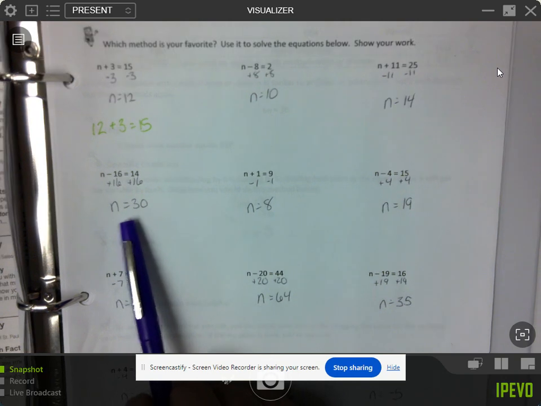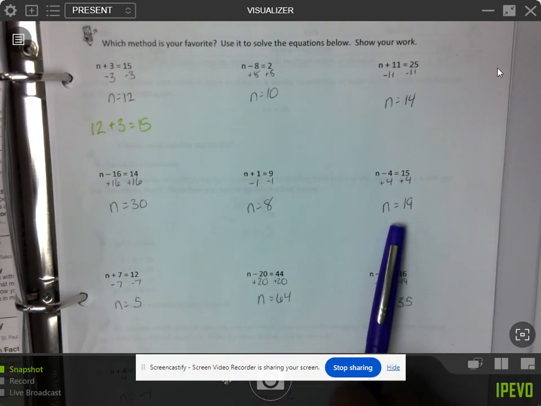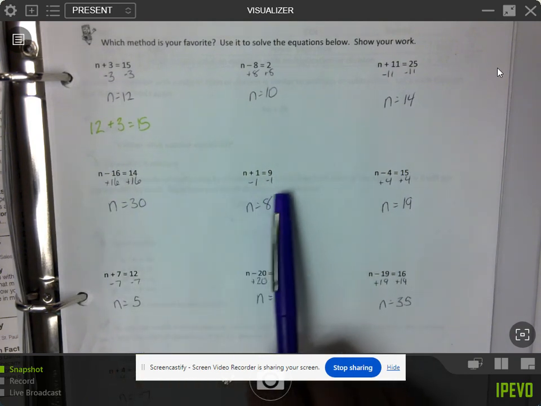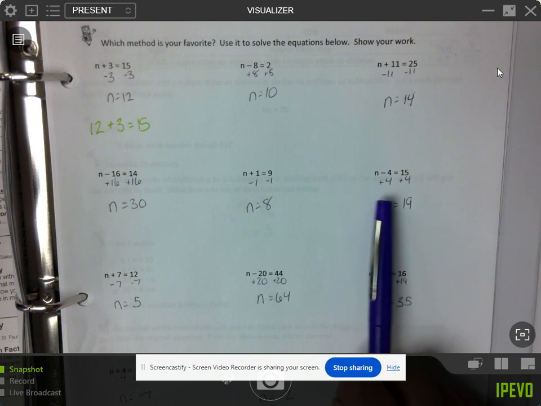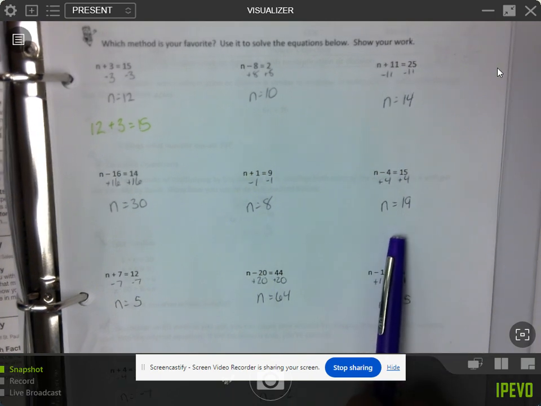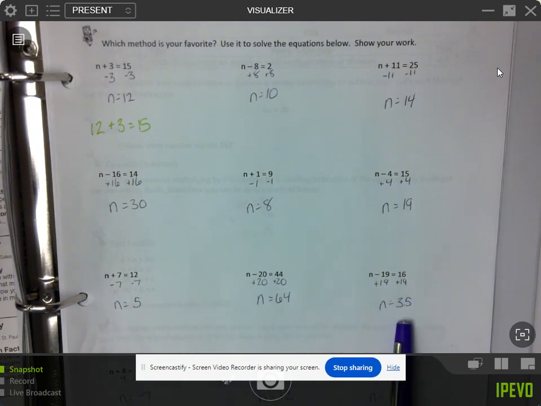Down here, we have n equals 30, n equals 8, n equals 19. So we were adding 16 to both sides, subtracting 1 from both sides, and adding 4 to both sides. Any questions? All right, our next row, we have n equals 5, n equals 64, n equals 35.